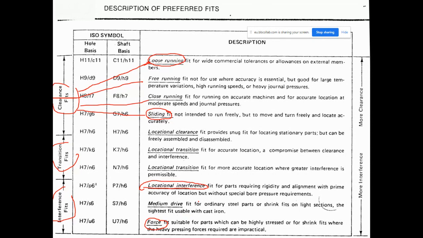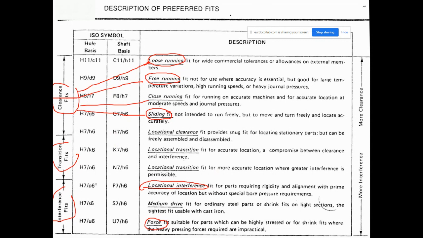Depending on the type of the mating, considering the function of the object and the expectations or demands of the customer, the designer selects the fitting type. For instance, the designer selected free running fit.